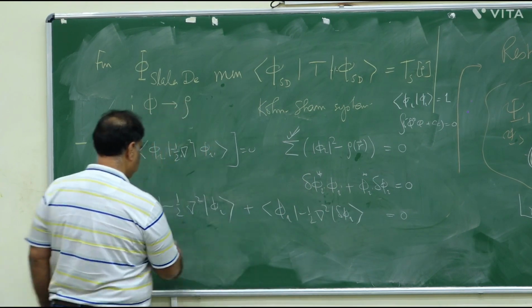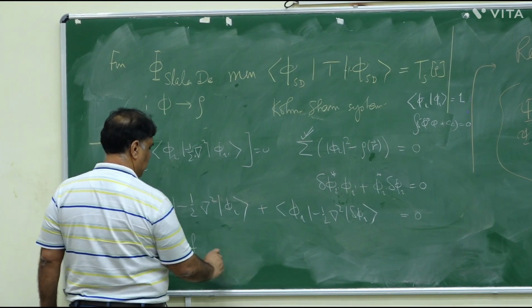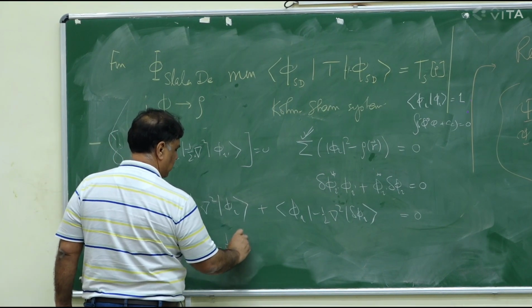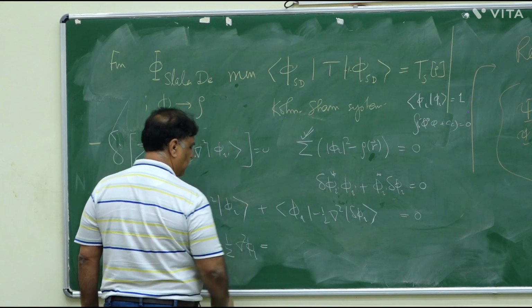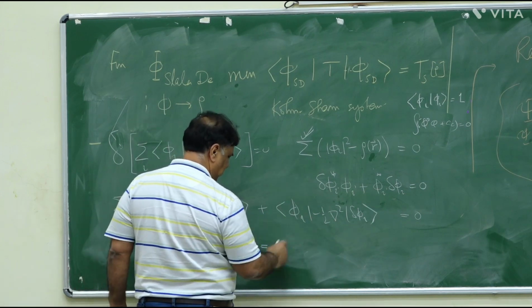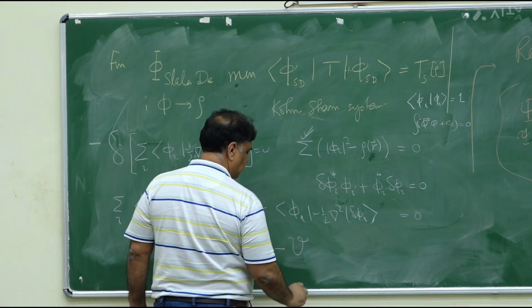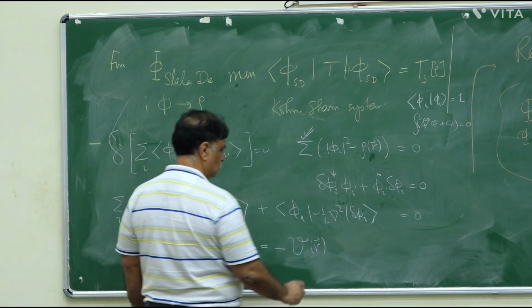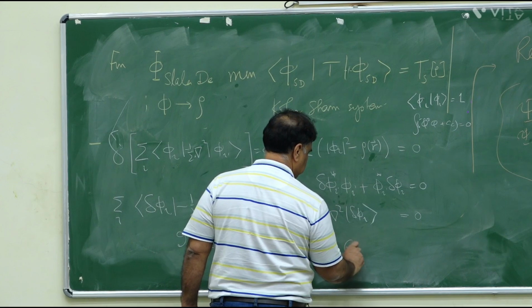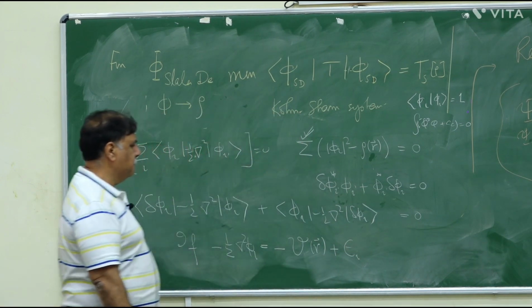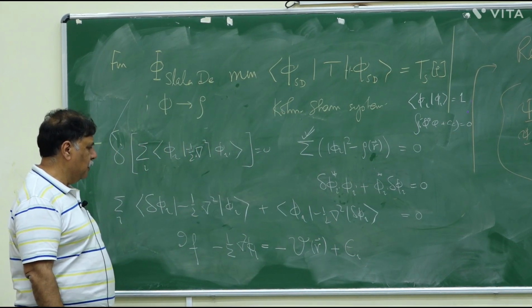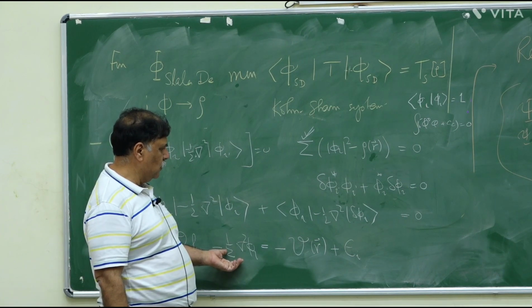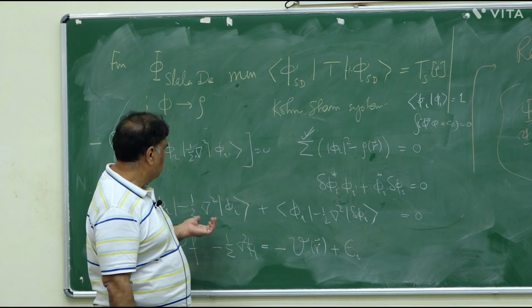So if we say minus half del square phi i is equal to, I'm just writing the minus sign for convenience, minus some V of r, some function, and I'll add a constant epsilon i. Even if this was so, what will be each term?